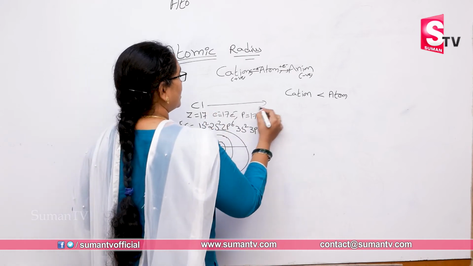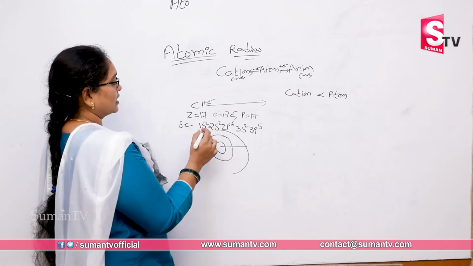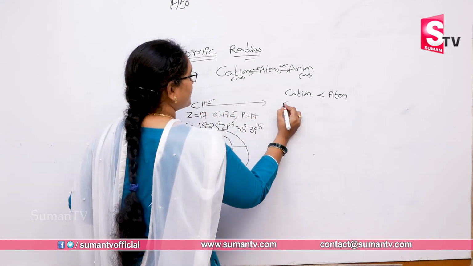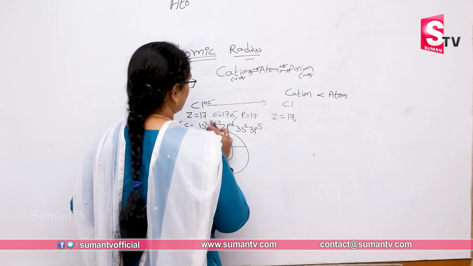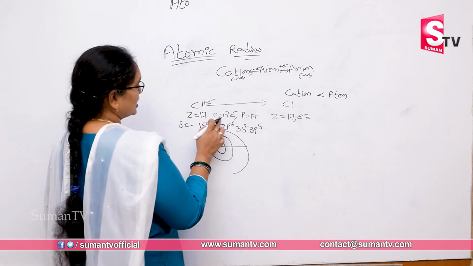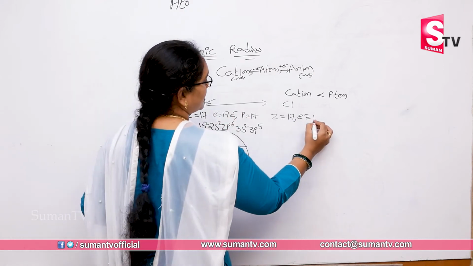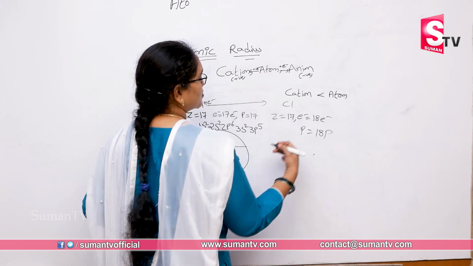Then this chlorine gains 1 electron. When an atom converts to its ion, there is no change in its atomic number; it has atomic number 17. It had 17 electrons and gained 1 more electron, so it becomes 18 electrons. There is no change in its protons.